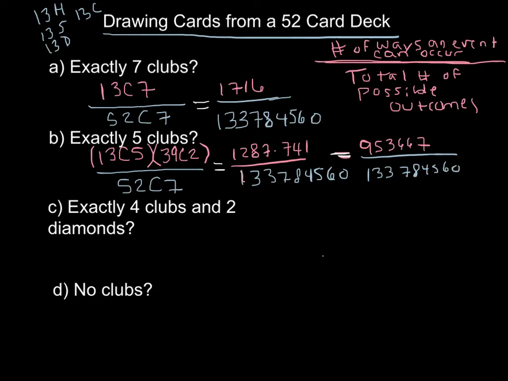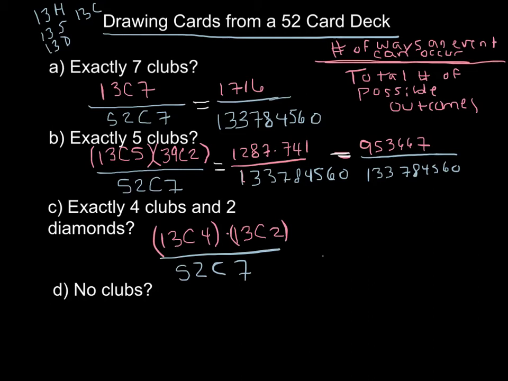Alright, how about this next one? What's the probability that you draw exactly 4 clubs and 2 diamonds? Once again, the total number of hands I can draw is 52 choose 7. Getting exactly 4 clubs means I count the number of ways I can get 4 clubs, that's 13 choose 4. Now I multiply that times the number of ways I can get 2 diamonds. There are also 13 diamonds in the deck, so that's 13 choose 2.